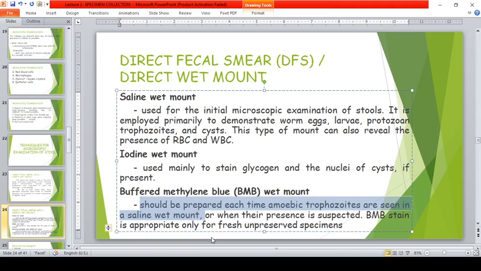BMB stain is appropriate only for fresh, unpreserved specimen. Bakit unpreserved, guys? Because preservation may destroy trophozoites. Sila yung gusto mong makita kapag BMB wet mount. Sila ang gusto mong i-identify or tignan yung characteristic niya. That's why you should not use preserved specimen.